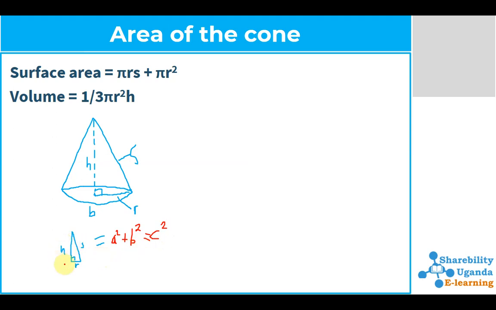Now in substituting here, our a is going to be our h squared, then plus our b, which is going to be our r squared, then it will be equal to our slant, which is s squared.